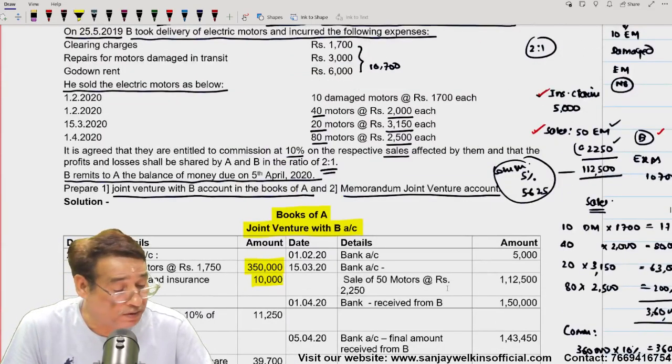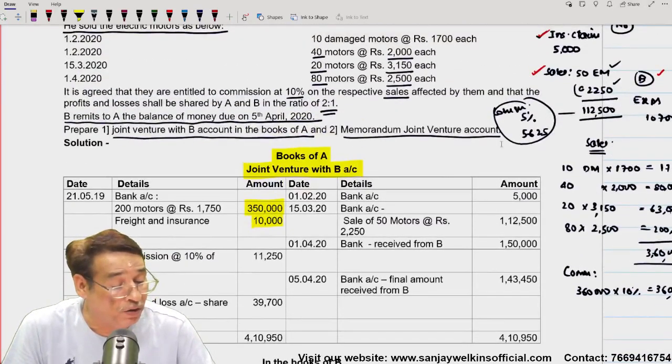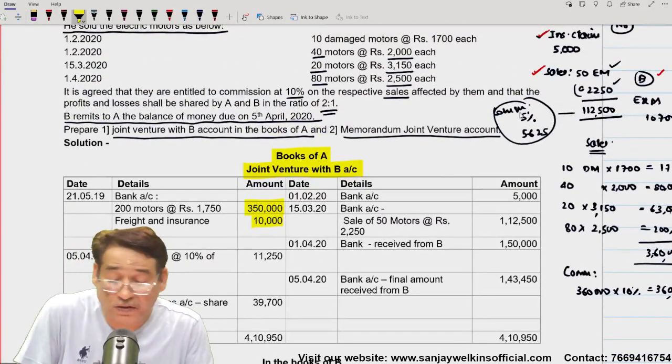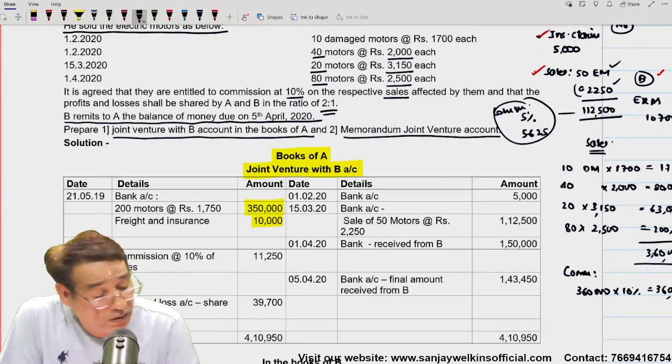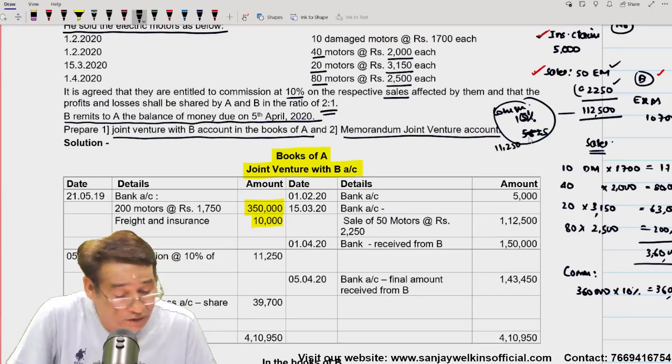Oh, commission is 10%. It seems I have computed lesser commission. This is the fault by me. Actually, commission is 10%. So 10% commission will be 11,250.